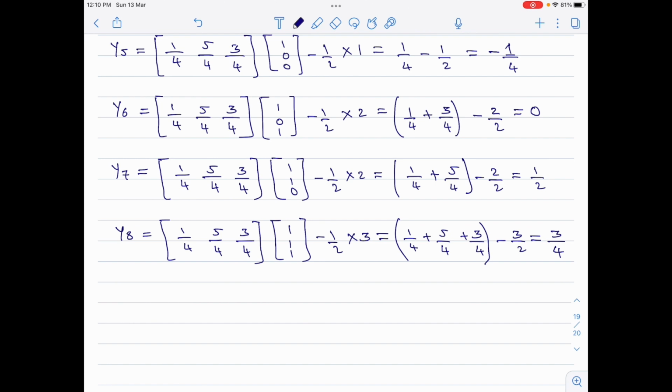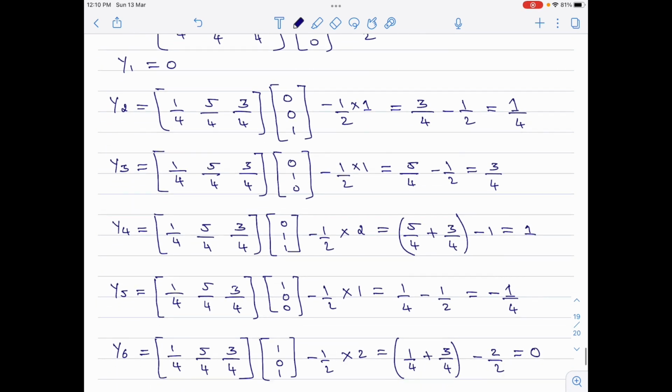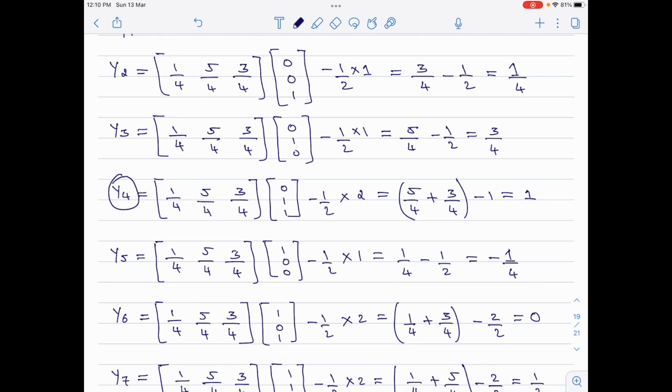Now, as I have previously said, the decision of the maximum likelihood receiver would be that symbol mk which produces the maximum value of yk. Now, analyzing the answers for y1 to y8, we find that for k equals 4, yk is maximum.